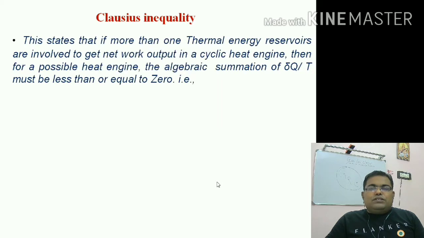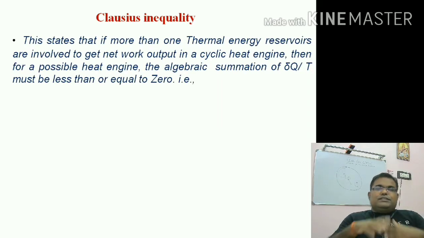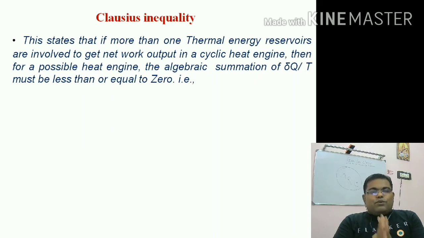Now come to the Clausius inequality. This states that if more than one thermal energy reservoir is involved to get the net work output in a cycle heat engine, then the algebraic summation of dou q by T must be less than or equal to 0. Right.